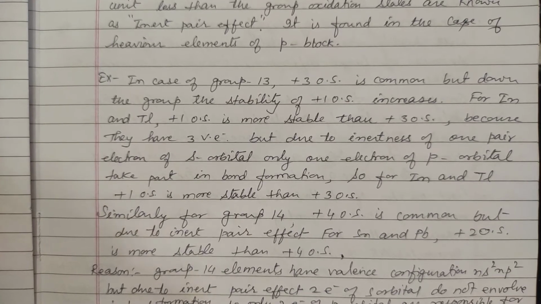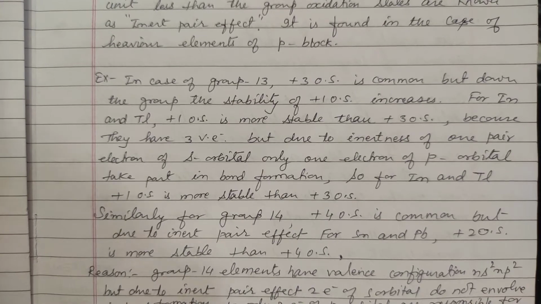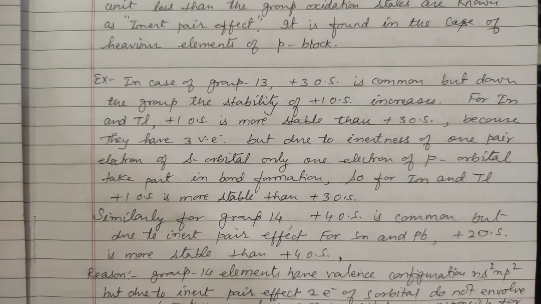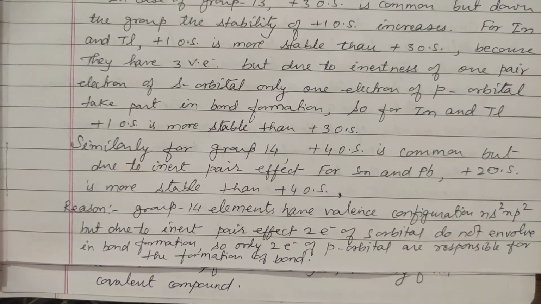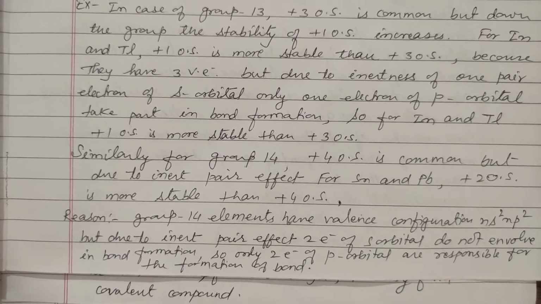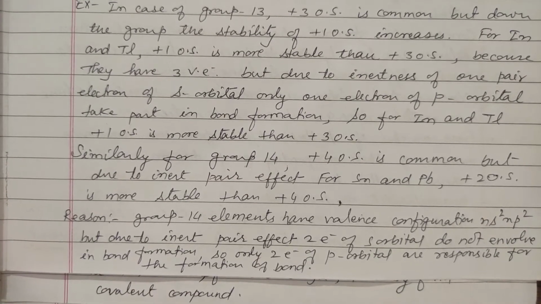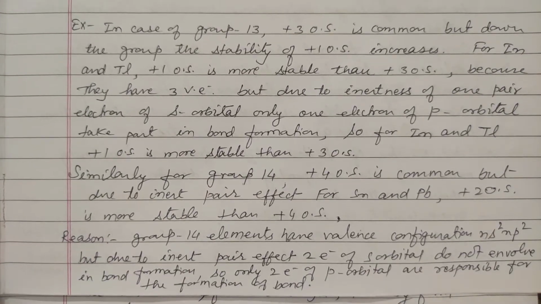So for In and Tl, plus 1 is more stable than plus 3. Similarly, for group 14, plus 4 oxidation state is common, but due to the inert pair effect, for Sn and Pb, plus 2 oxidation state is more stable than plus 4.